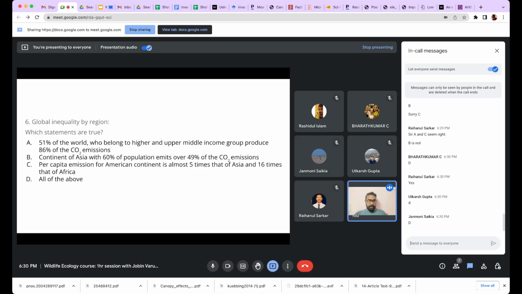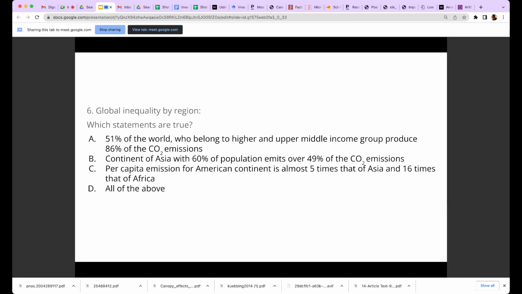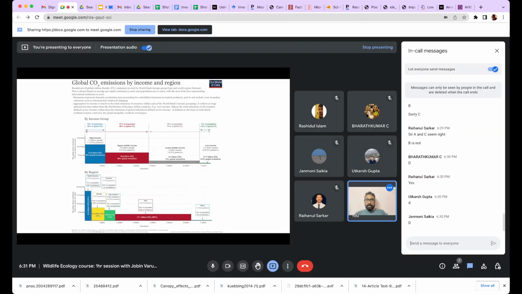Anybody else? Rashid, you are not answering any question. Okay. I'll give you the answer once you look at the next page. Can you guys see the page?